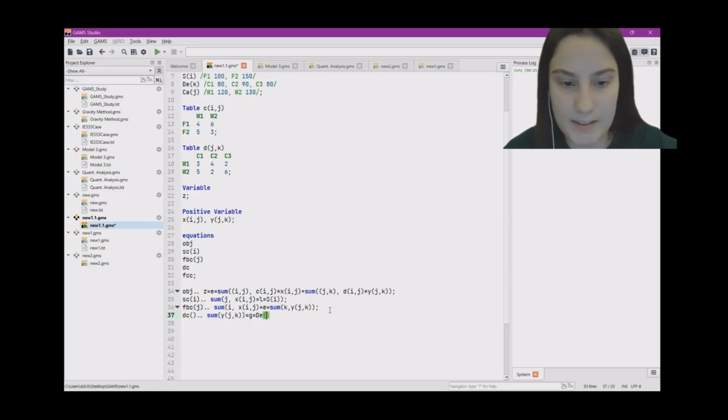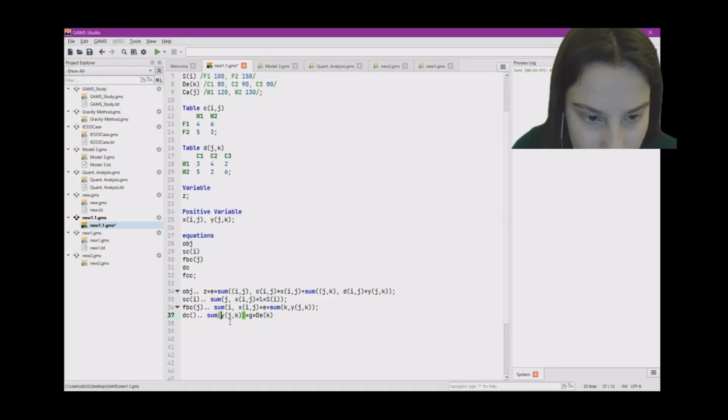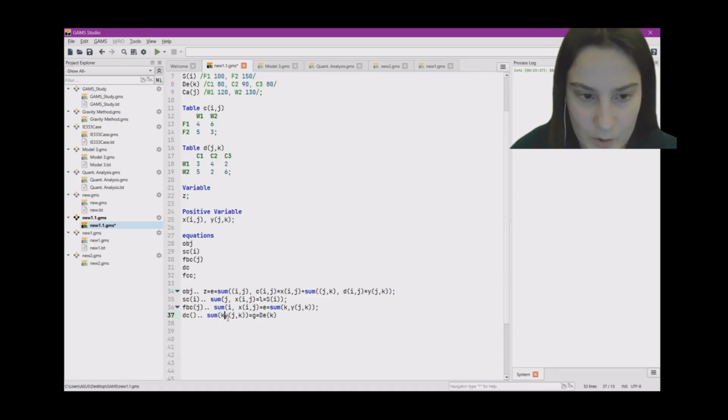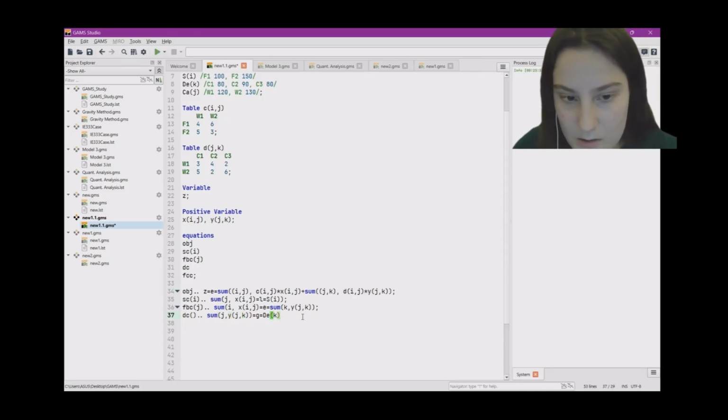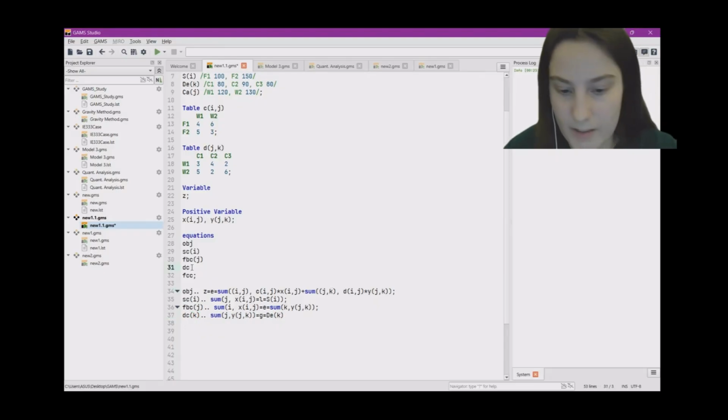The demand. Okay, and then we have done this, and how is K going to increase? We're going to put the K here. Okay, now this makes sense.